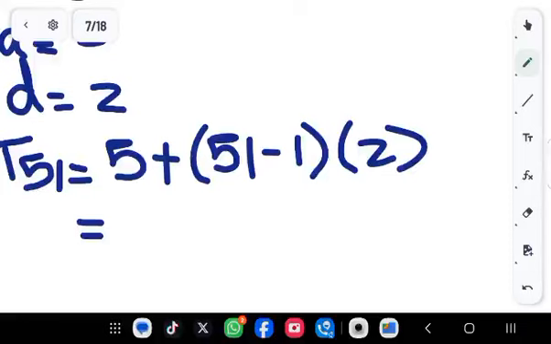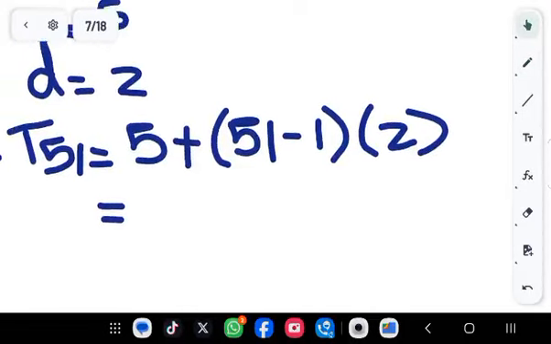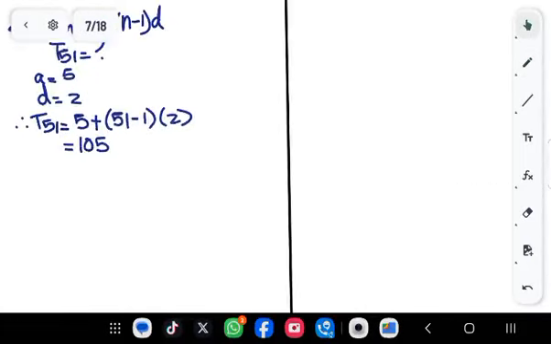So that will be 5 plus open bracket 51 minus 1 close bracket, open bracket 2 close bracket, equals 105. If you're using a Casio, that's how you should calculate that. And that is, term 51 is 105.